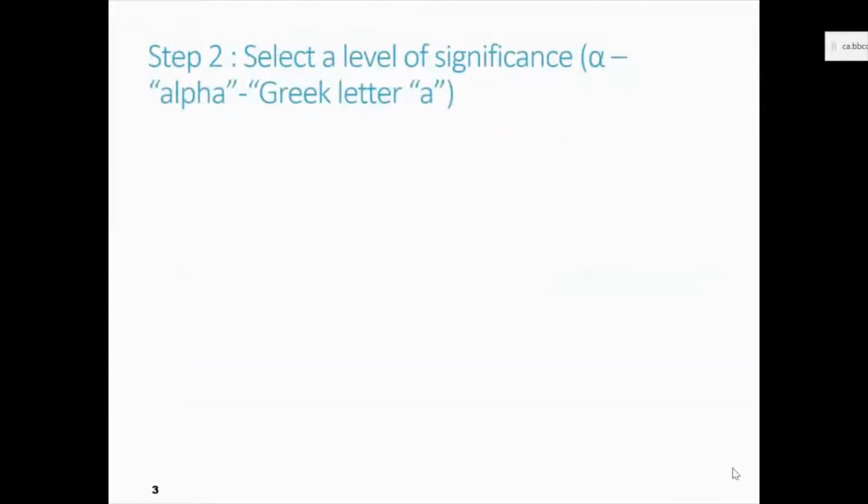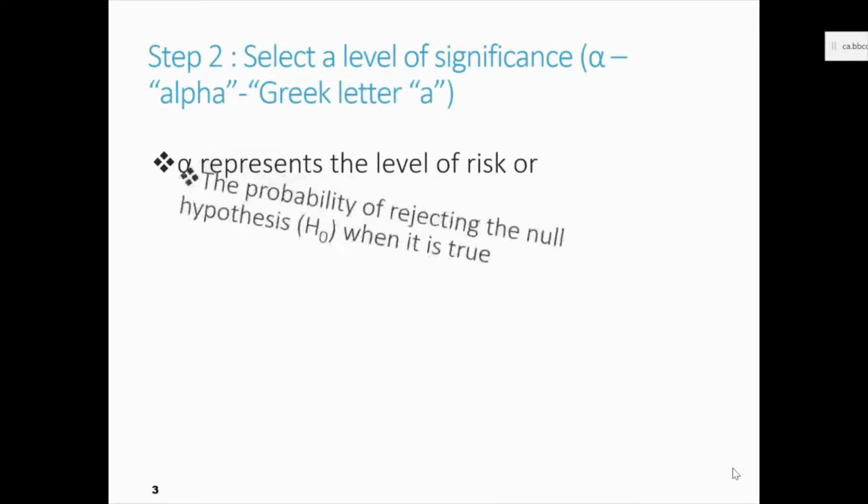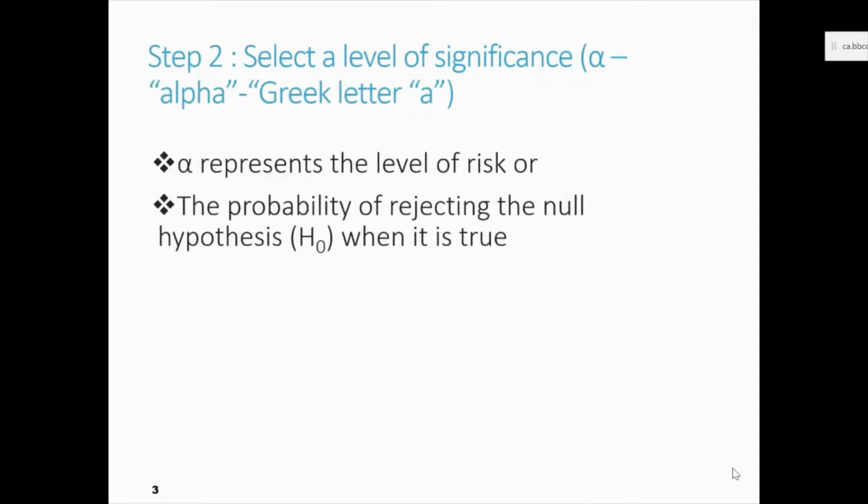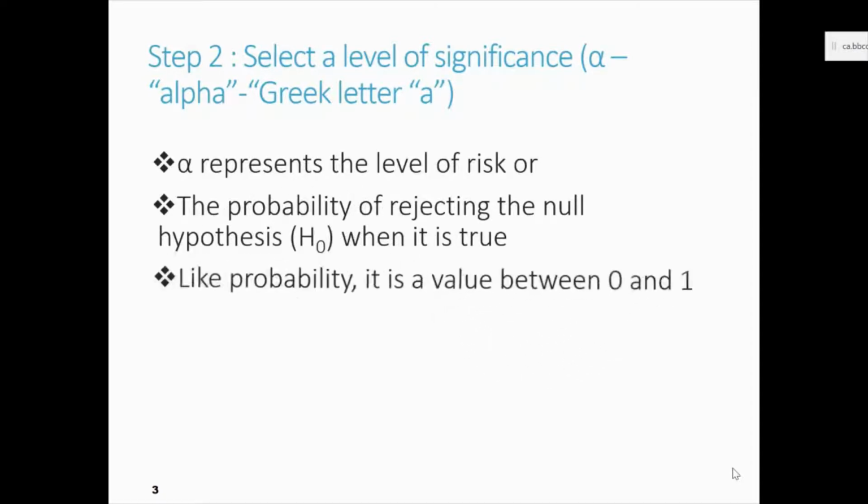So what is step 2? Step 2 is selecting the level of significance, or alpha, the Greek letter alpha. Now, alpha represents the level of risk or significance and is the probability of rejecting the null hypothesis H0 when it is true. Like probability, it's a value between 0 and 1.